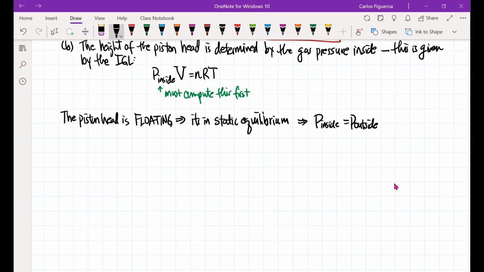So now let's draw a piston head. Here's our piston head, and inside, we have this compressed air.